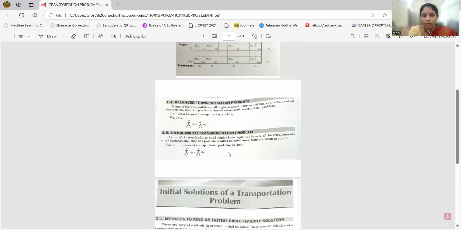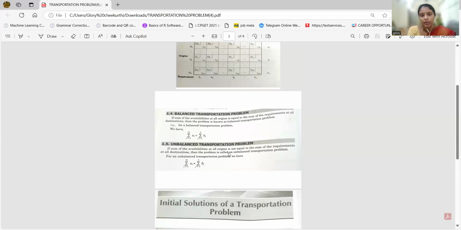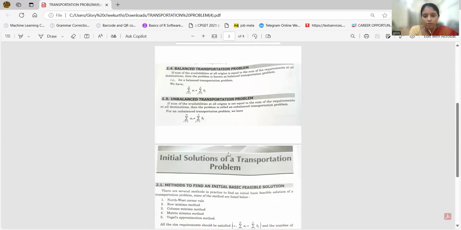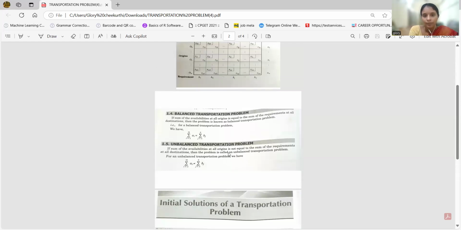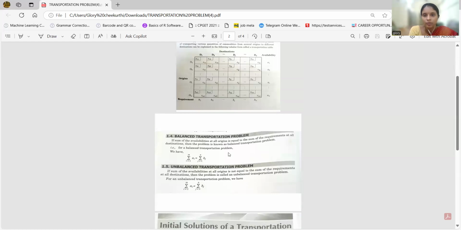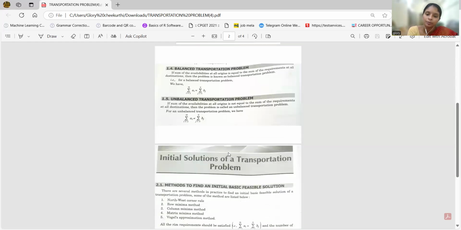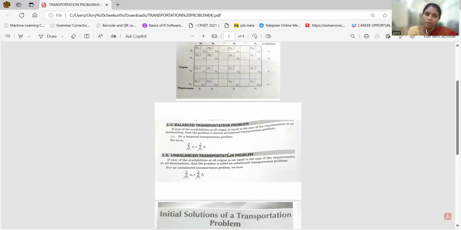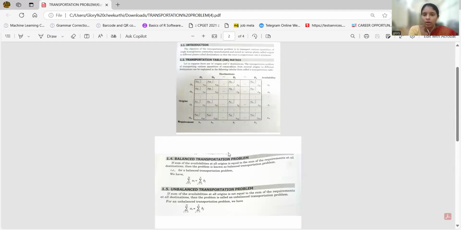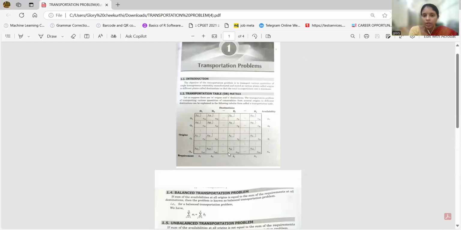Degeneracy occurs at any stage of iteration, and if the total availability is not equal to the total requirement, then the given problem is an unbalanced transportation problem. These are some of the key and basic concepts of the transportation problem.